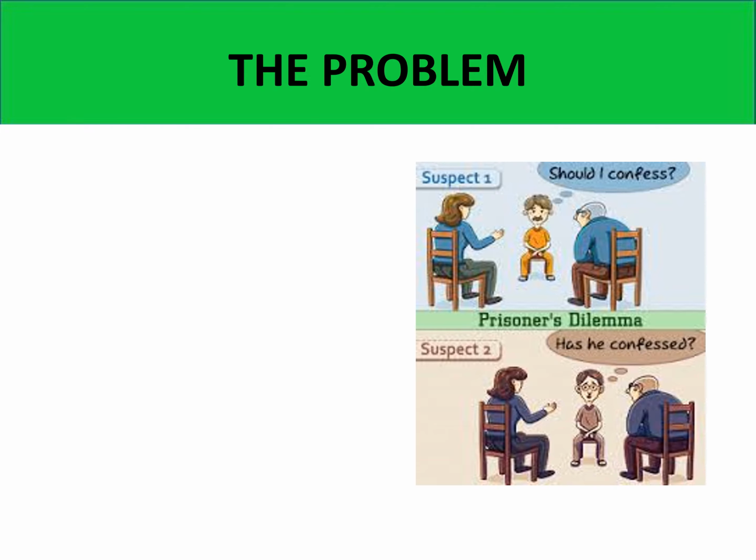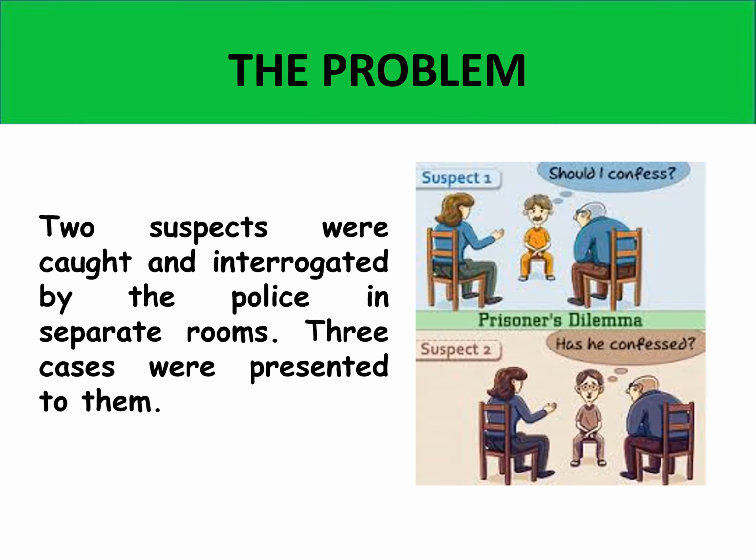Let us begin by stating a classical problem in game theory, which we call the prisoner's dilemma. Two suspects were caught and interrogated by the police in separate rooms. Three cases were presented to them.